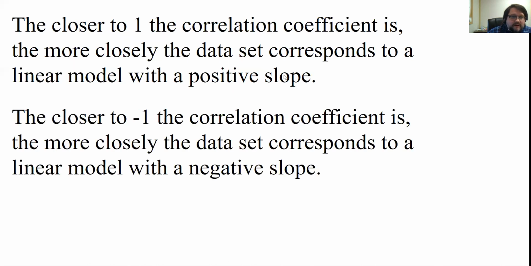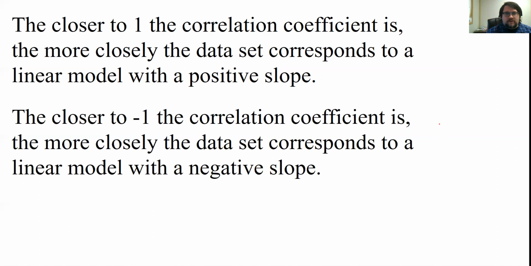The closer you are to -1, the more closely the data corresponds to a linear model with a negative slope. So this R value, generally speaking, is how strongly your data aligns to a line. It is not the slope of the line. While a positive R value corresponds with a positive slope, that's not the slope of the line. Same thing with a negative R value and the negative slope.